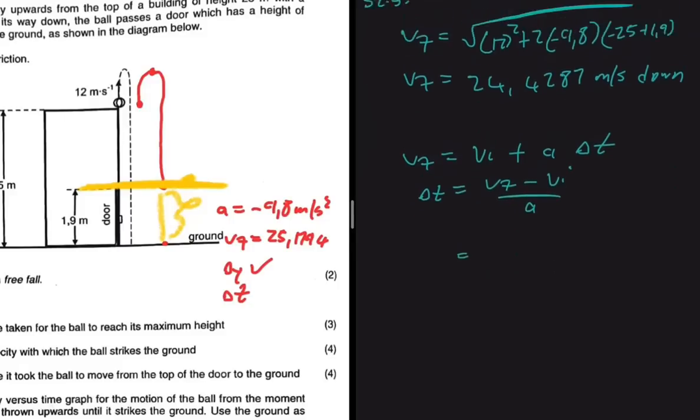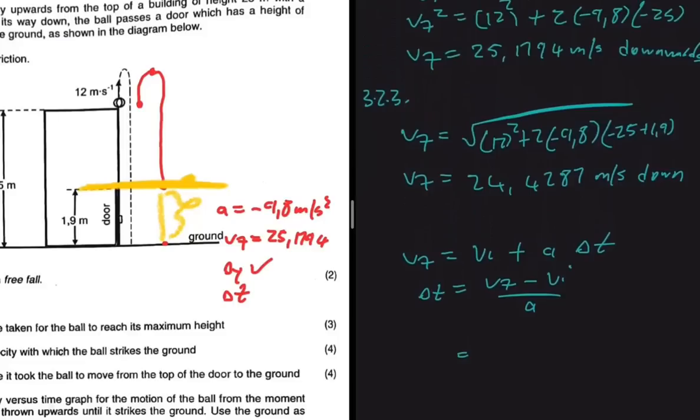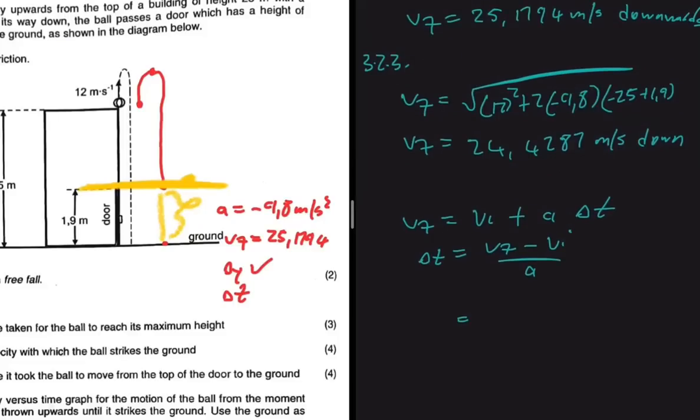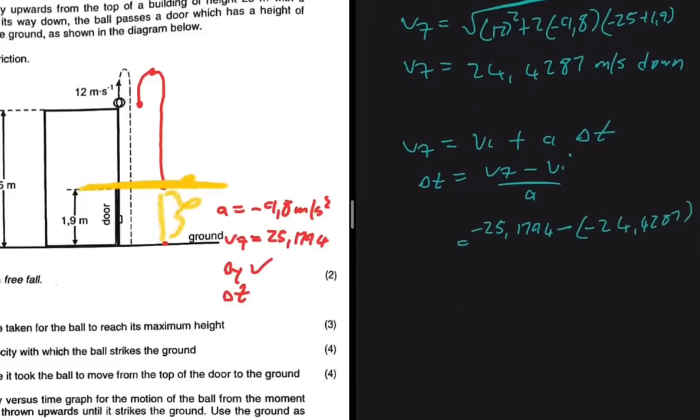So VF is the answer we calculated in 3.2.2, right? So that will be minus 25.1794 because we're taking downwards as negative and upwards as positive, and then minus 24.4287, everything divided by 9.8, right? So everything divided by 9.8.